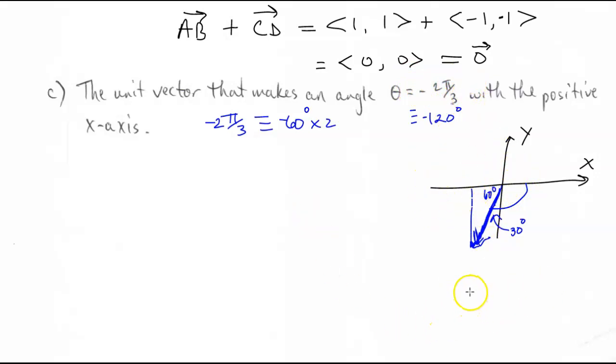So this looks very similar to a right triangle. Our angle here is 60 degrees. And of course, we are in quadrant 3. So that tells you that this terminal point right here is going to have an x and y coordinate that are both negative.